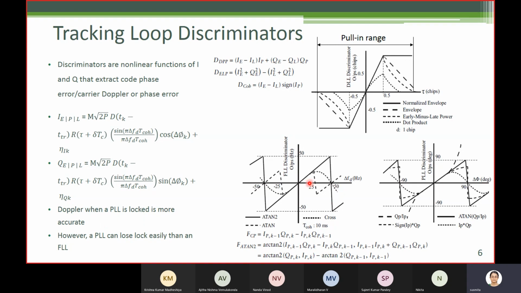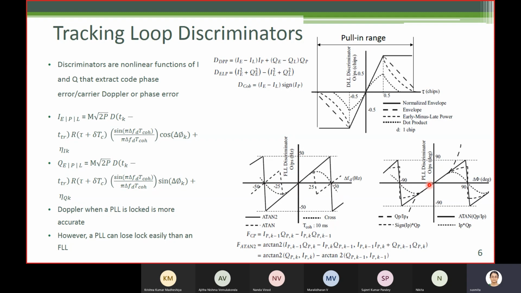So whether an FLL is locked or a PLL is locked, you can find the Doppler. But the Doppler that you will get from a PLL is much more accurate, about 10 times more accurate than the Doppler that you would get from an FLL, because it tolerates less error. But what is the downside? The downside is that to have the PLL locked, C over N naught must be good.